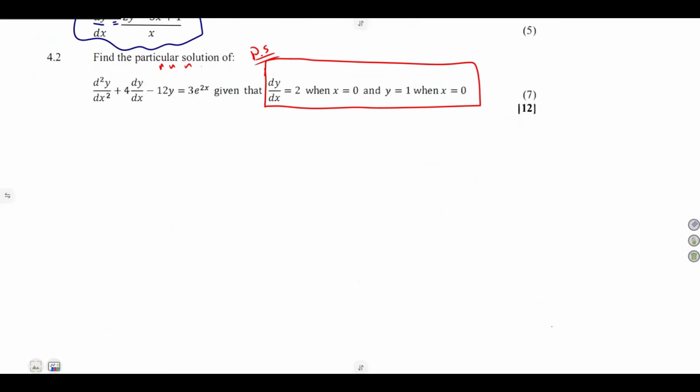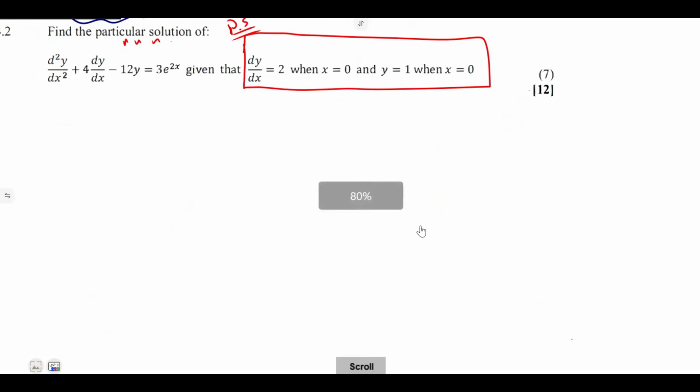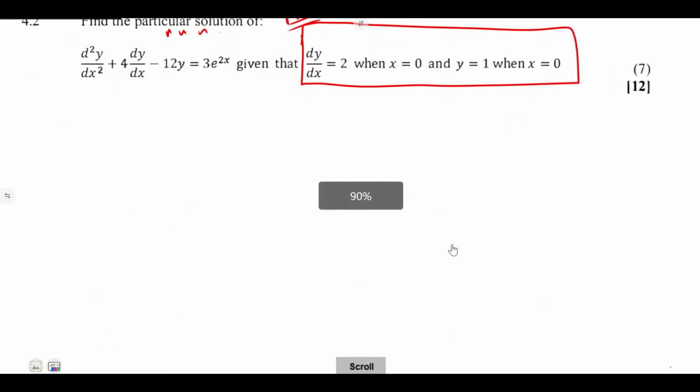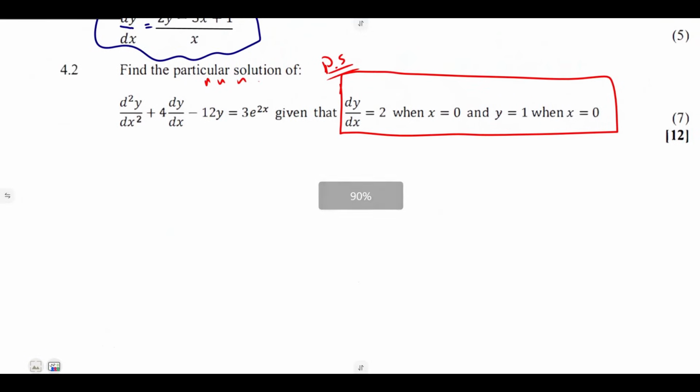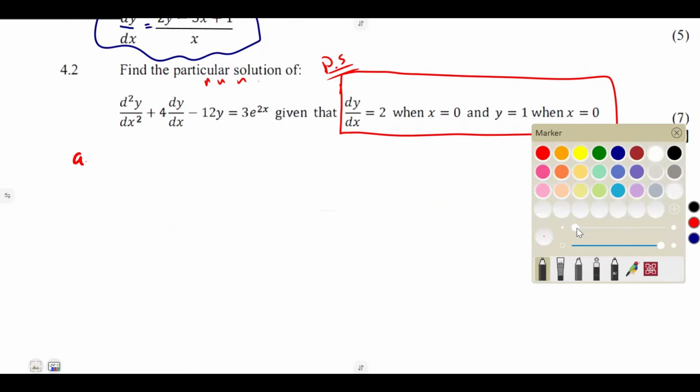With that general solution, because the general solution is the one that will give us the particular solution at the end. So you're going to take that general solution.